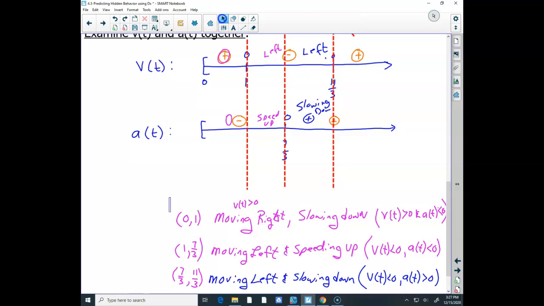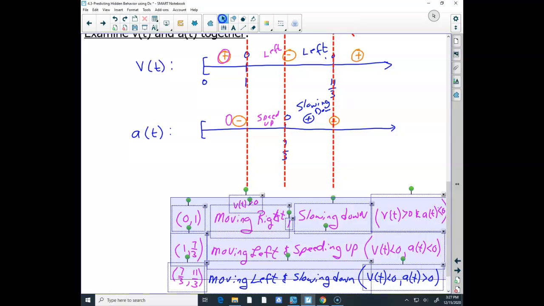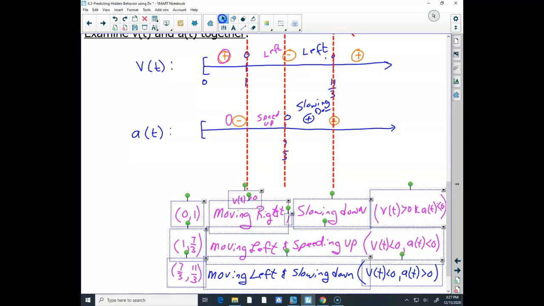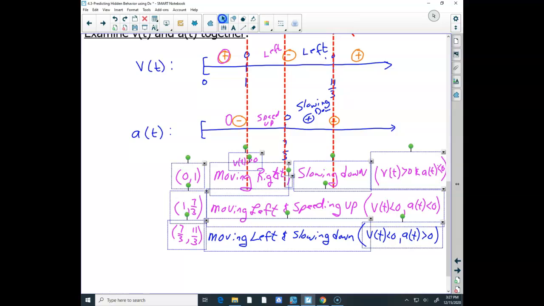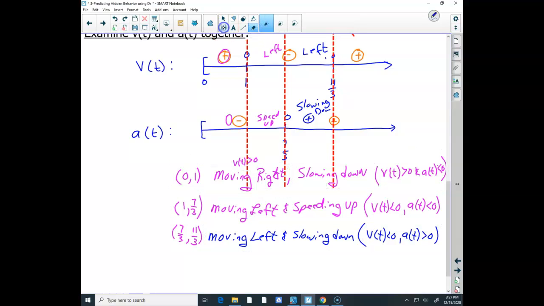Now, last one. I got to move these up. I'm just going to drive them all up so I can fit that last one on there. Now I can see from my interval from 11/3 to infinity, what's happening?